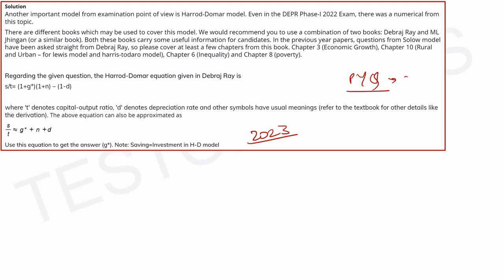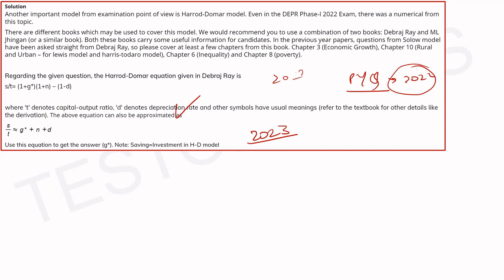In the 2022 examination, there was a numerical on the Harrod-Domar model, and this particular question was in our mock test even last year. So even people who had enrolled last year would have been able to solve that 2022 actual question, because it was based directly on this formula, and our question was almost identical. Apart from numbers, the question was exactly the same.